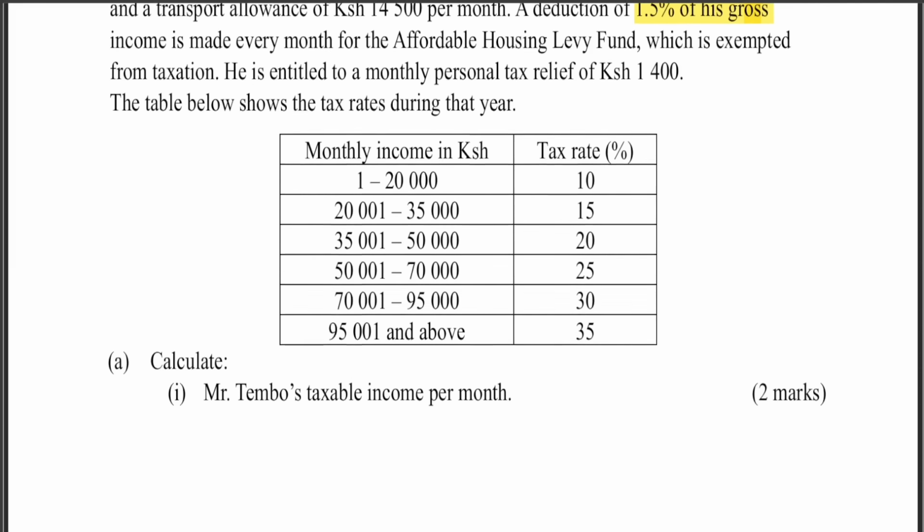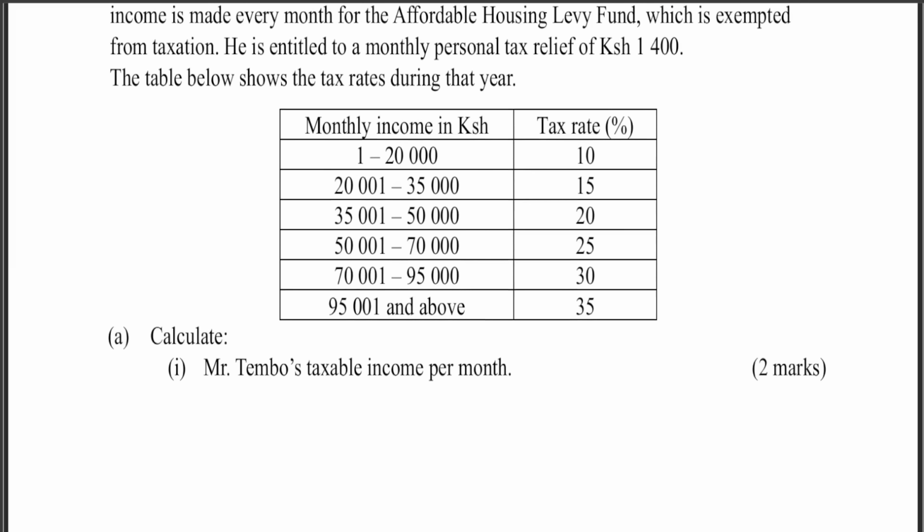So whenever you want to search for taxable income, monthly taxable income is equal to basic salary plus all allowances.